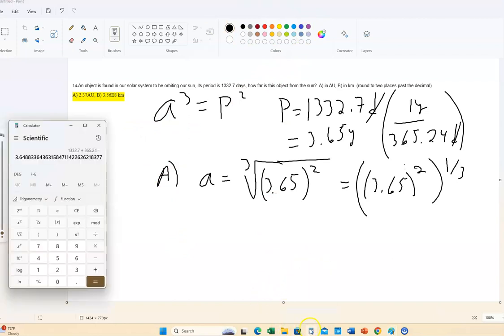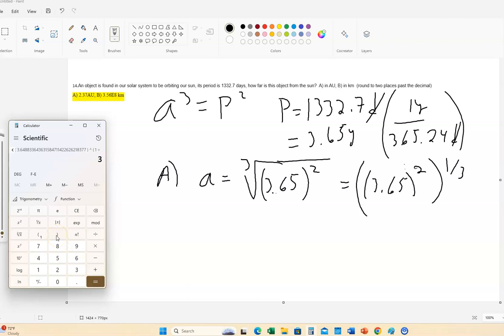And there's my calculator. There's the period in years unrounded, and I'm going to square that. Now I have to raise that to the 1/3 power. Remember my little trick: 1/3 is a repeating decimal, so you have to use parentheses to make it raised to exactly the 1/3. So parentheses 1 divided by 3, close parentheses.